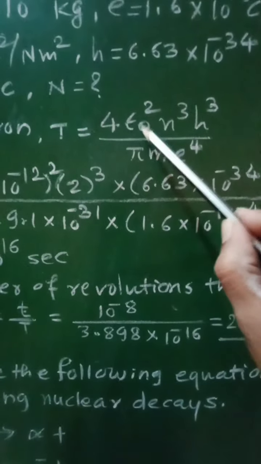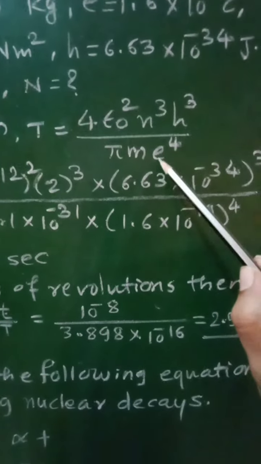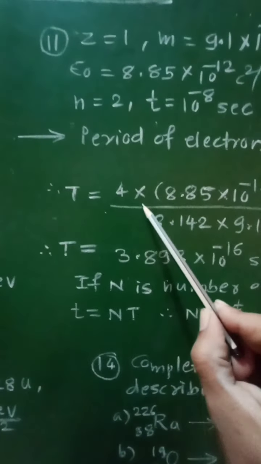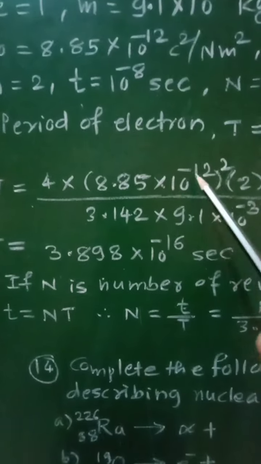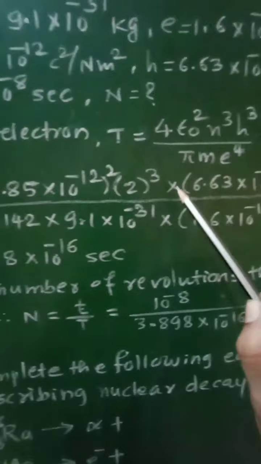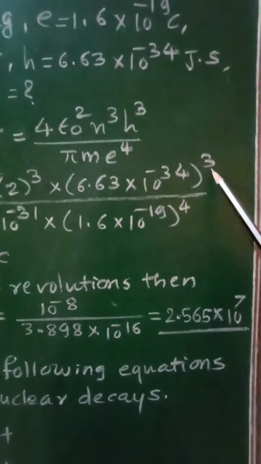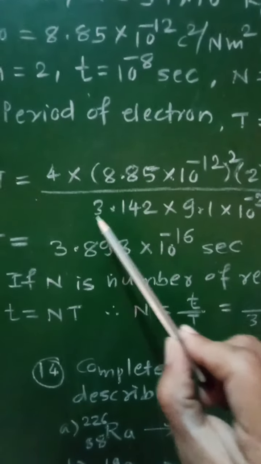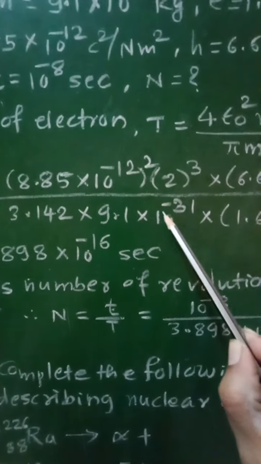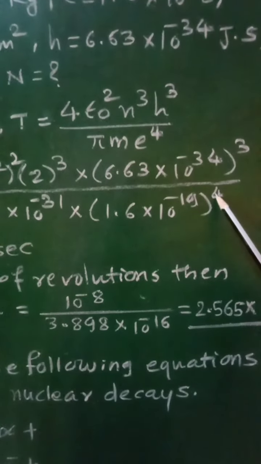Putting the values we will get T is equal to 4 into (8.85 into 10 raised to minus 12) square into 2 cube into (6.63 into 10 raised to minus 34) cube divided by 3.142 into 9.1 into 10 raised to minus 31 into (1.6 into 10 raised to minus 19) raised to 4.